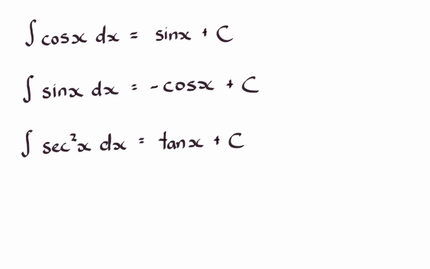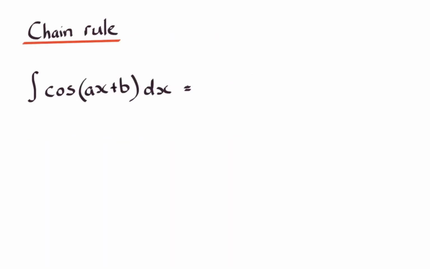plus c. Now we can't forget the chain rule, of course, so we can apply very similar chain rule to what we've seen previously to trigonometric functions. So we know that the integral of cos is sine, but let's just take another moment to remember what happens when we derive.